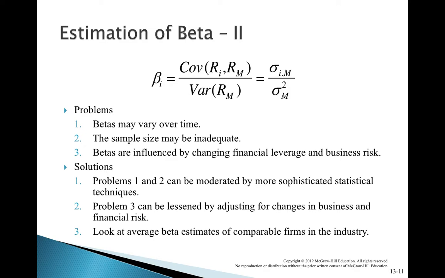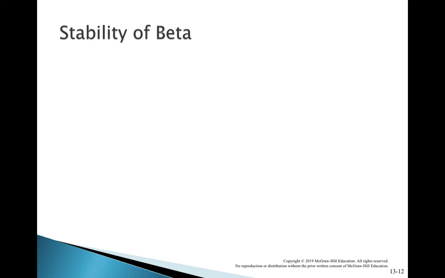That means if the operating leverage or financial leverage is changing, you should take those into account in the calculation so that your beta can be appropriate. Look at average beta. If you cannot do that, then in that situation you can look at the beta or estimate of your comparable firm or most comparable competitor, and also you can see the beta of the industry.